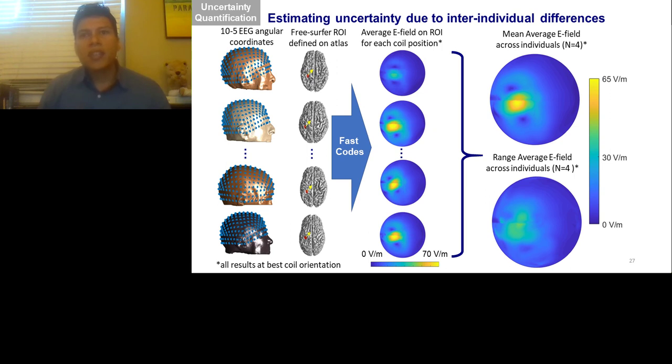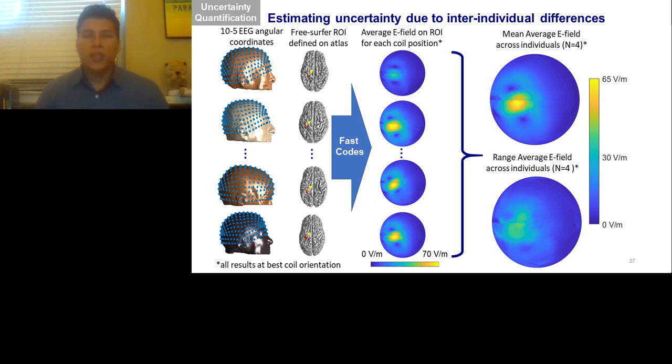This is a particularly useful example for a researcher studying some kind of disease who wants to come up with a coil placement that will maximize efficacy of their paradigm while minimizing uncertainty across individuals. They can use this to determine a position in terms of EEG coordinates to place the coil that can be used across individuals.